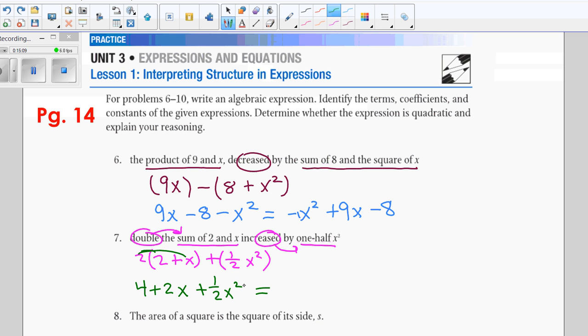If I write this in descending order, it's 1/2 x squared plus 2x plus 4. So I have three terms, 1/2 x squared, 2x, and 4. I have the coefficients of just 1/2 and 2, and then my constant is positive 4. And then this is quadratic because this is ax squared right here.